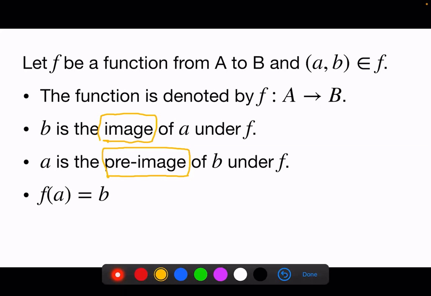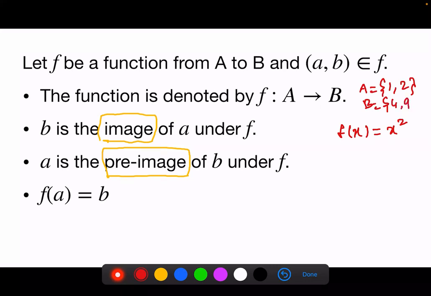Let me give an example. Suppose your function is x square, and your set A has 1 and 2, and set B has, let's say, 4 and 9, and then 8, and then 1, suppose.